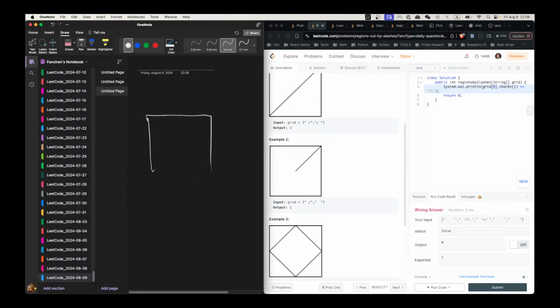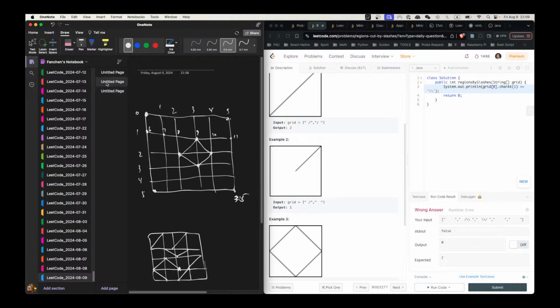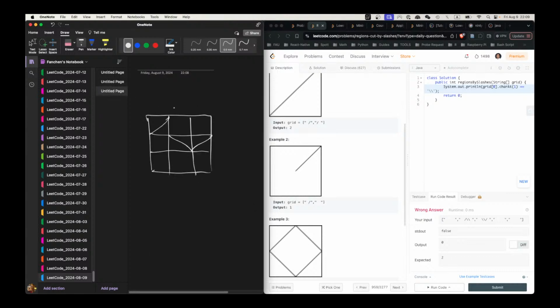Let's do a 3x3 so we kind of understand. Okay, let's say we have like this, you know, this. Because when you're drawing this, these does not exist. Okay.